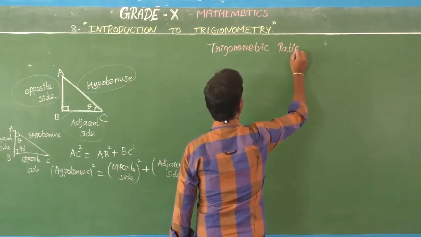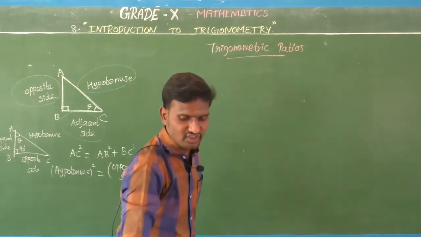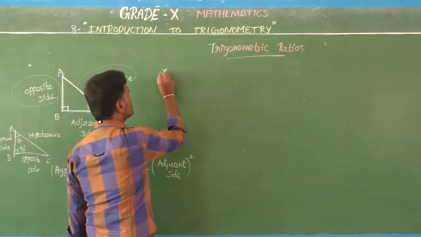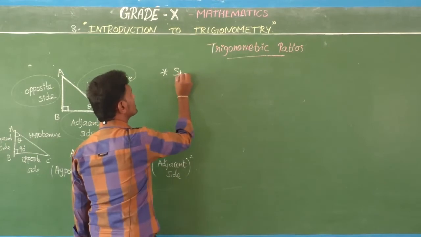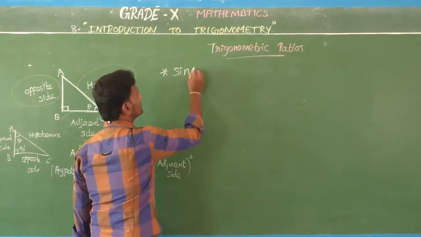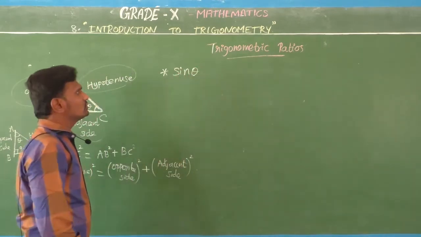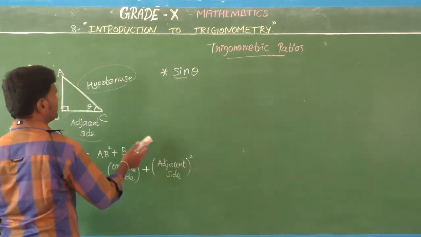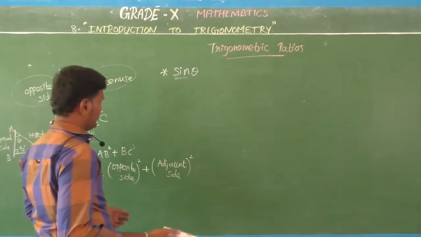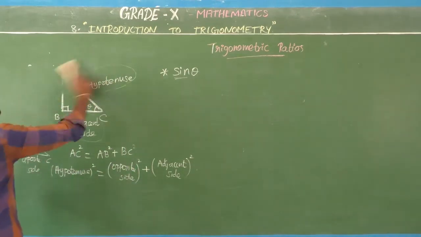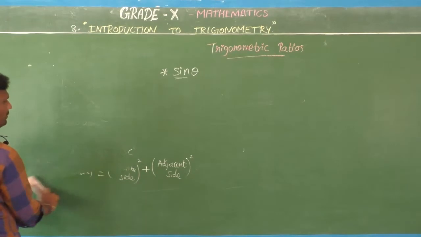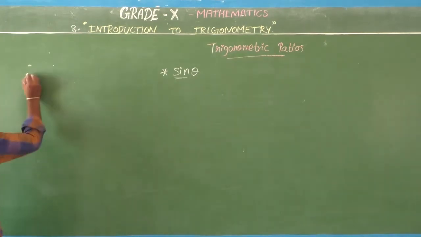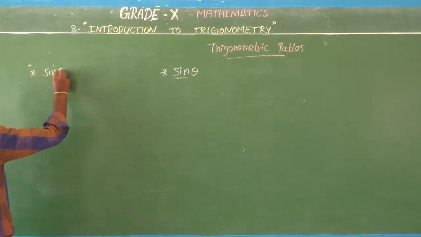So in general we have 6 trigonometric ratios. How many trigonometric ratios? 6 trigonometric ratios. So the first one is sin theta. The full form of sin is sine. The first ratio is sine.